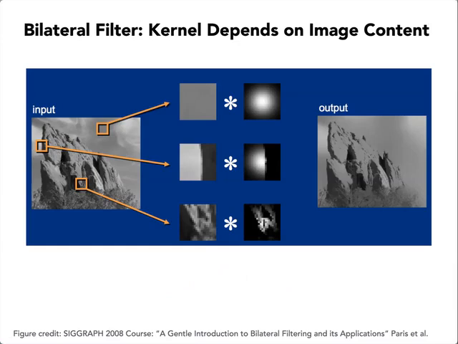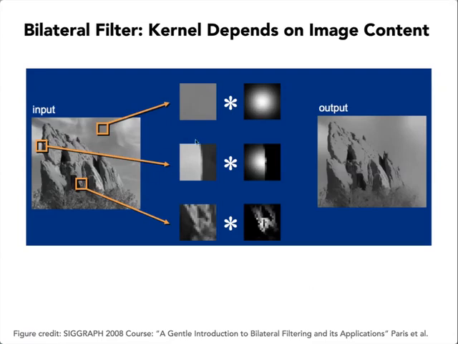The bilateral filter kernel is going to depend on the image content, okay, as we've looked at. So for example, in this location here where the sky is constant, it's almost all gray, the Gaussian filter is not going to get modulated by F at all. F is going to be constant and high because all the intensities are the same. So we'll just convolve against a Gaussian in this local region. In this region over here, it's similar to the picture I walked you through in detail on the previous slide.